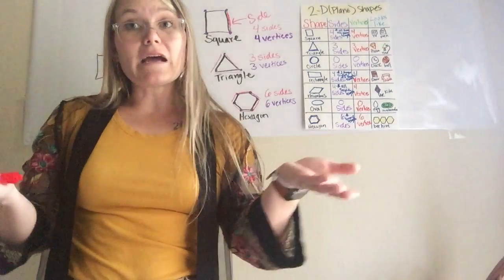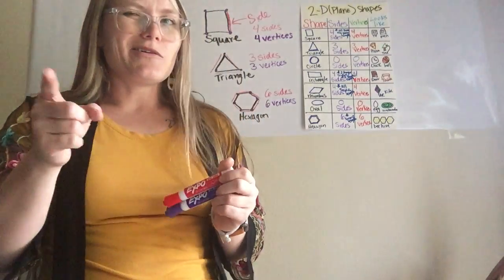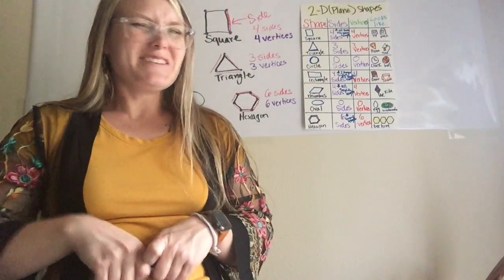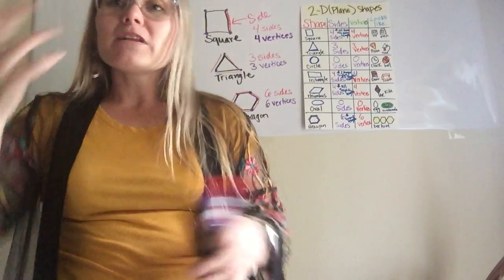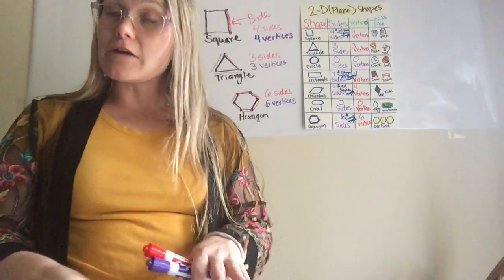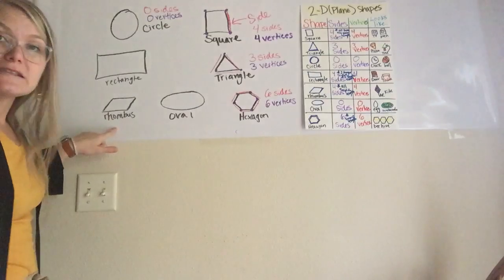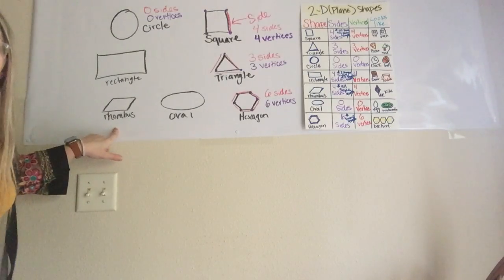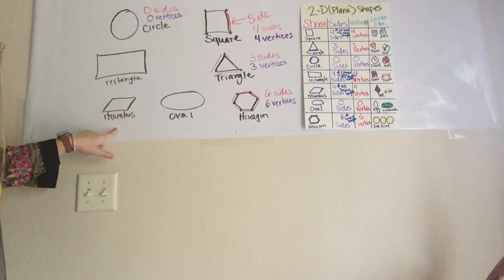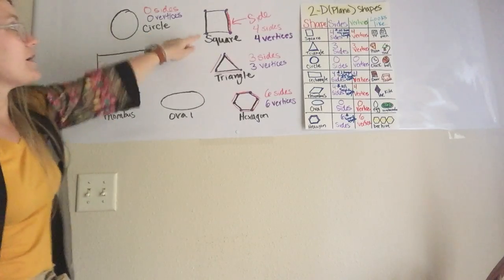Now, I'm not going to count the sides and the vertices of the other shapes because I know you guys can do it on your own. You don't need me for that. But let's talk about one more shape. Let's look at this rhombus. There's something very special about this rhombus that makes it different than the triangle and the square.